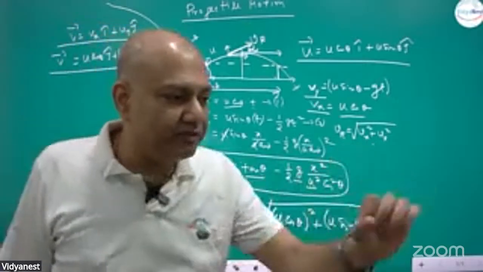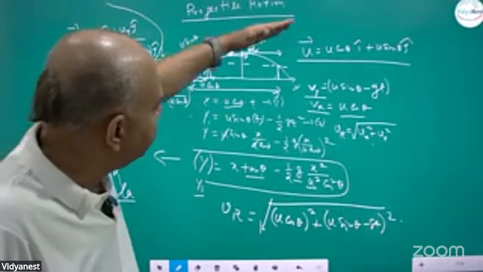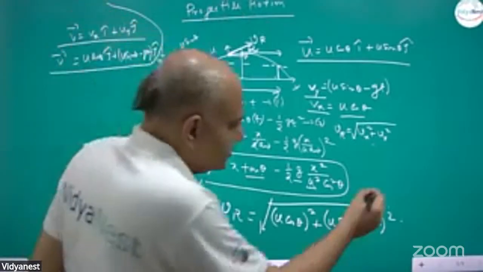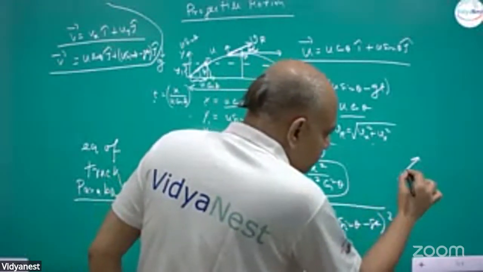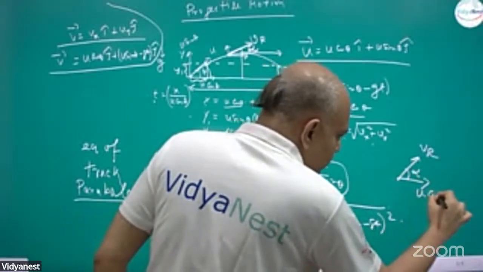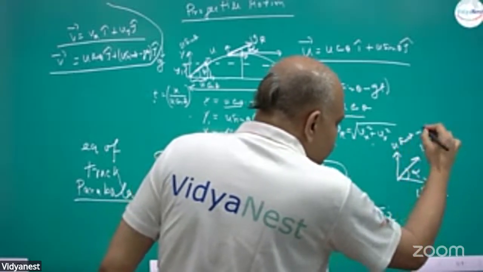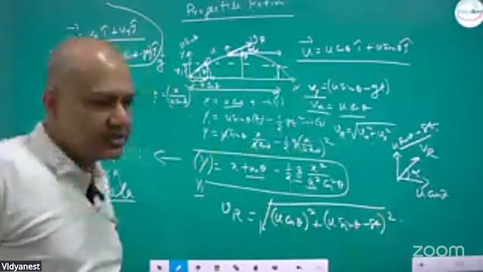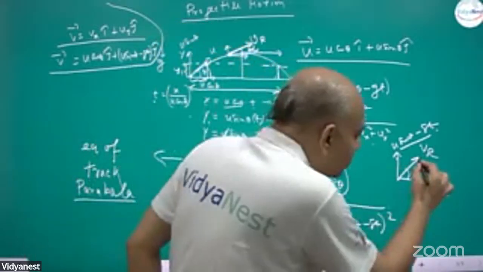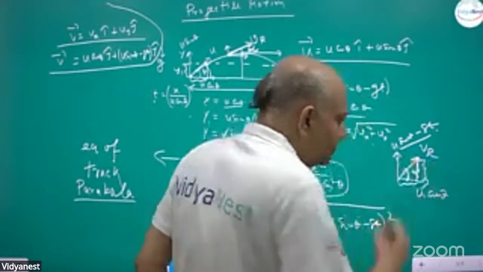That is, the resultant velocity Vr is making angle alpha with the horizontal direction. This direction is u cos theta, and this direction is u sin theta minus gt. So how can I find this inclination?